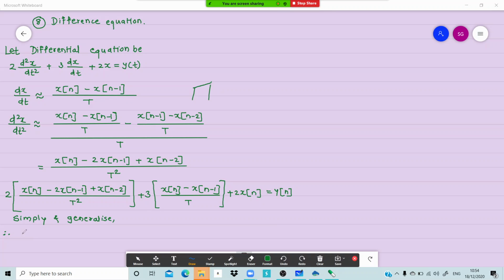If I'm saying that is b naught, b1, b2, so I can write b naught xn plus b1 x n minus 1 plus b2 x n minus 2, correct? And we'll go till bm, let us say, x n minus m, is equal to, now why I have taken only one term, but again that also you can generalize.